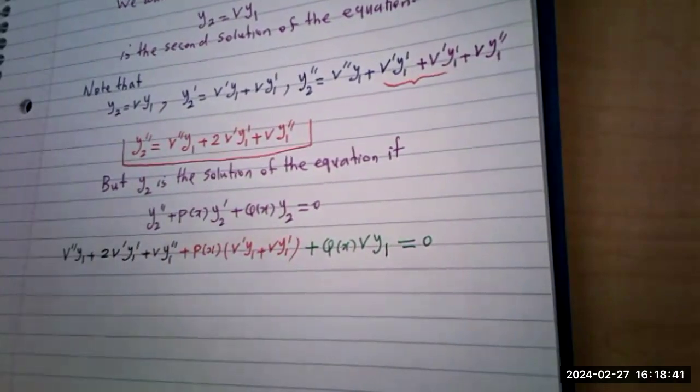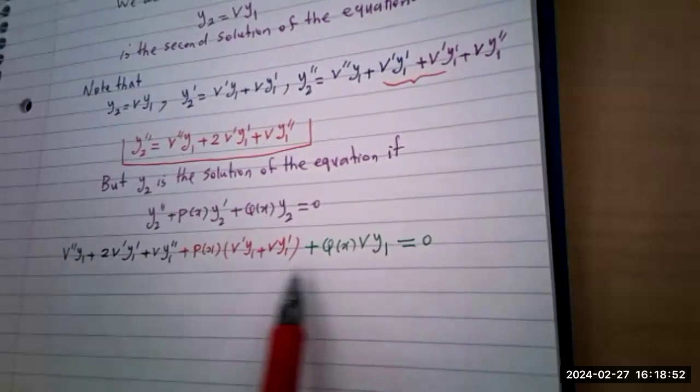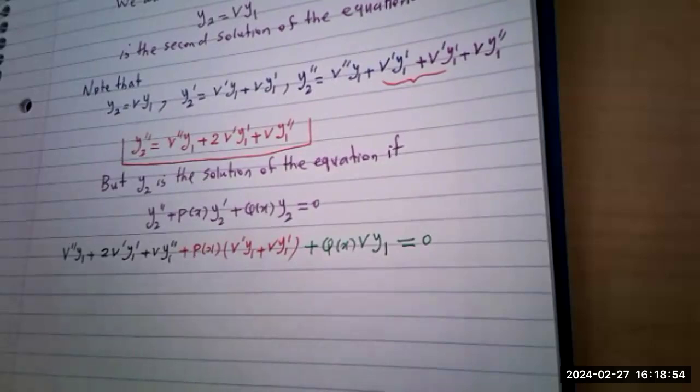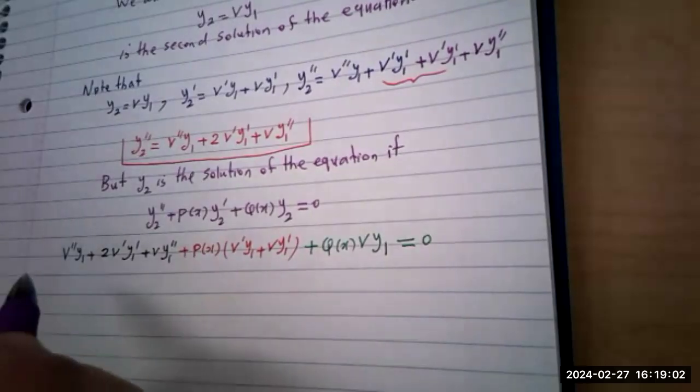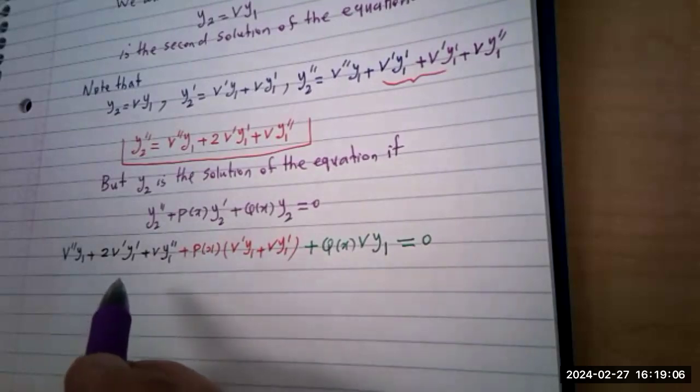Now try to simplify it. The way we're going to simplify it is to put those y1s together. Look at the terms that we have.